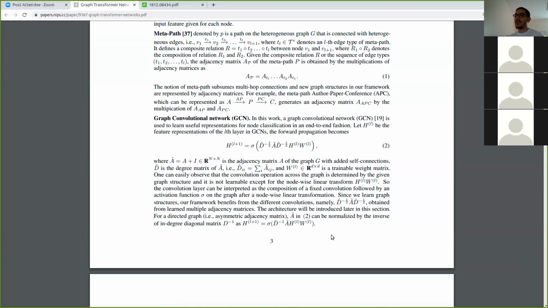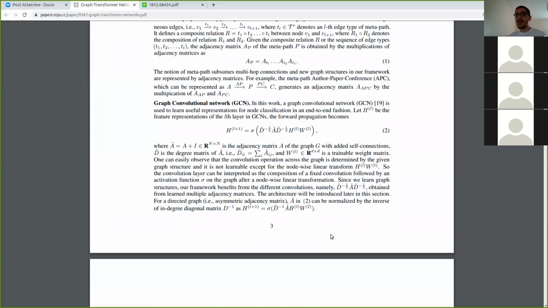Because the metapaths are learned and GCN is applied onto those metapaths, you can think of this first half of the expression as no longer being fixed. It is indirectly learned by the metapaths that it has to operate on.